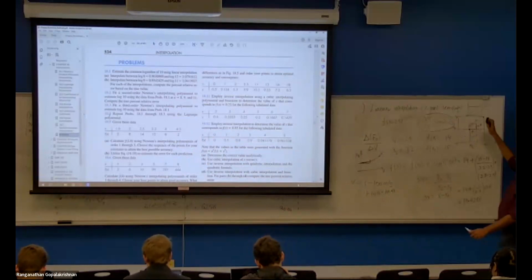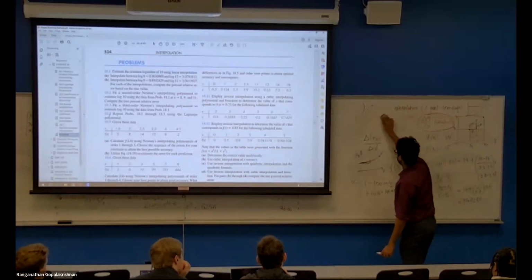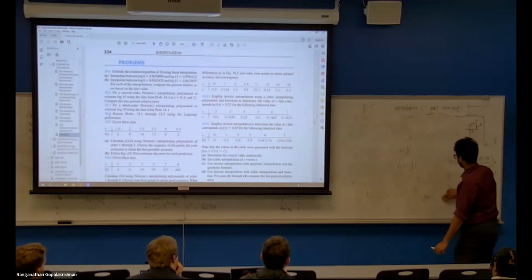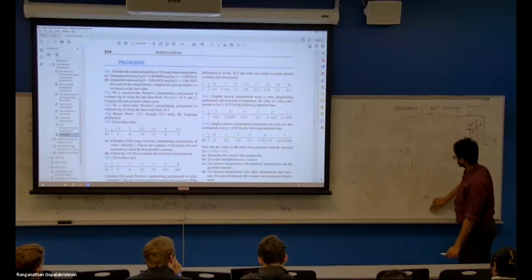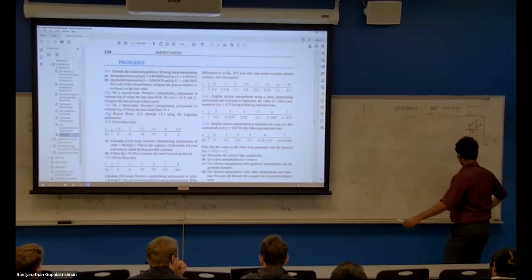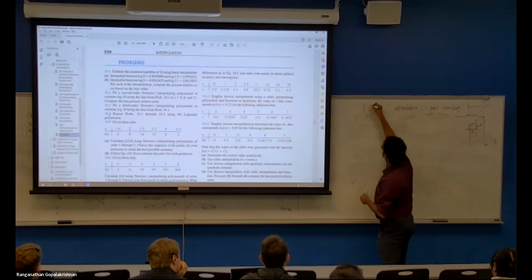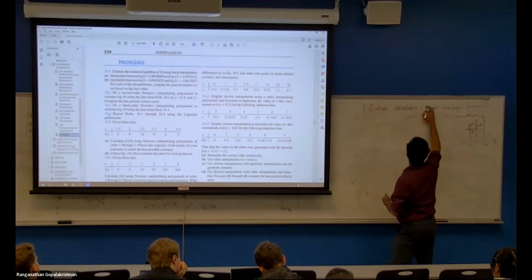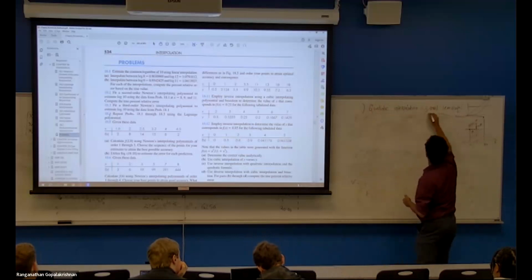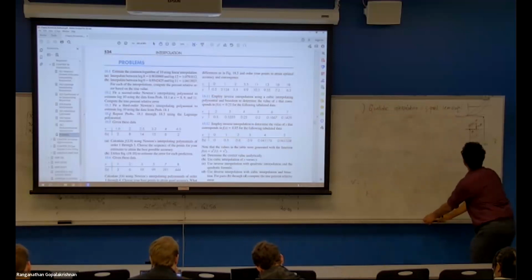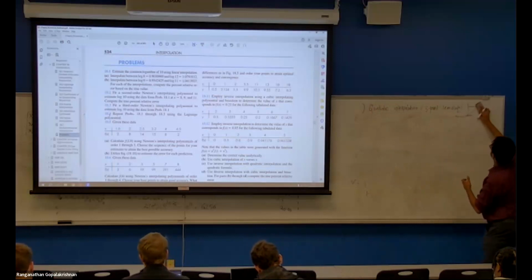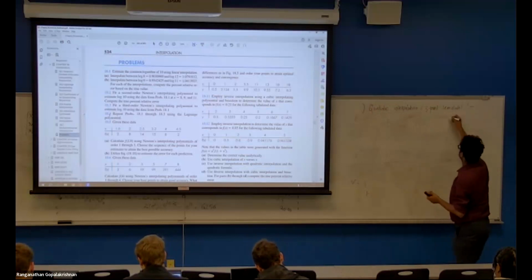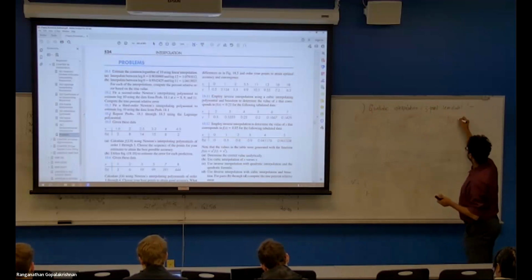Everyone's okay? All right. So now we want to do quadratic interpolation, which obviously means we are going to use a 3-point template. So the picture changes. I still want to compute f of 2.8.